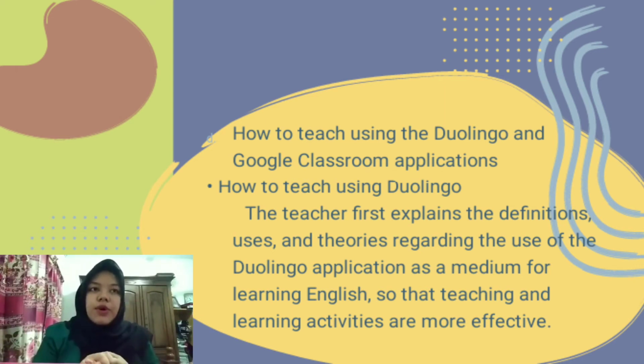The second is to make sure the student's smartphone has the Duolingo app and an internet network. The third is, on the initial screen, select the Get Started menu and select the language you want to learn, which is English for students.